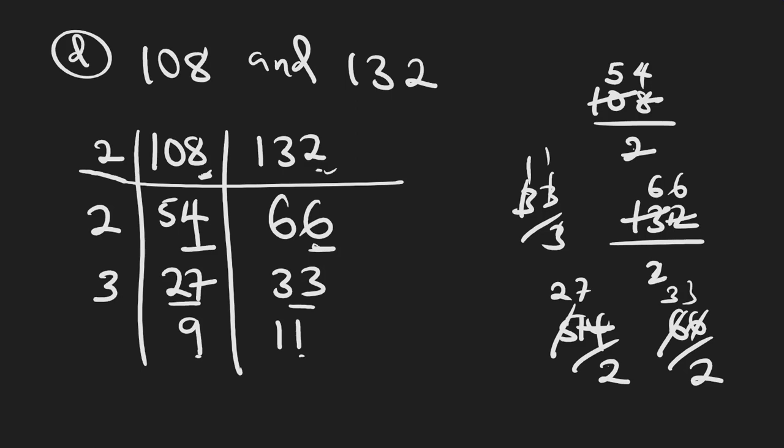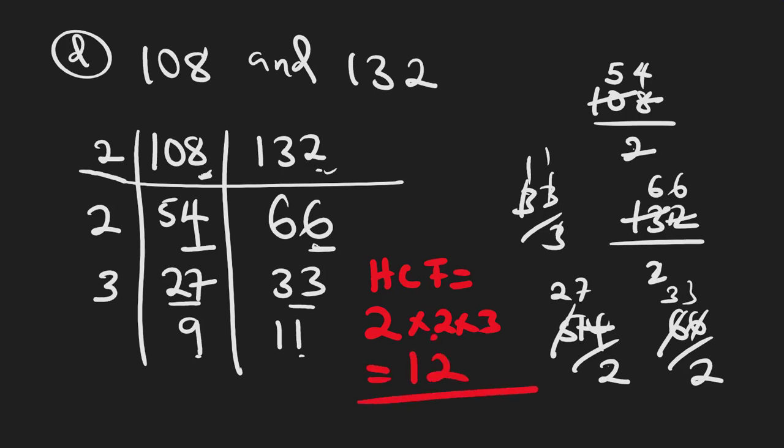No. So that is our HCF. So I will say our HCF is equal to 2 times 2 times 3, which is 2 times 2 is 4, 4 times 3 is 12. So this is the H.C.F, right?